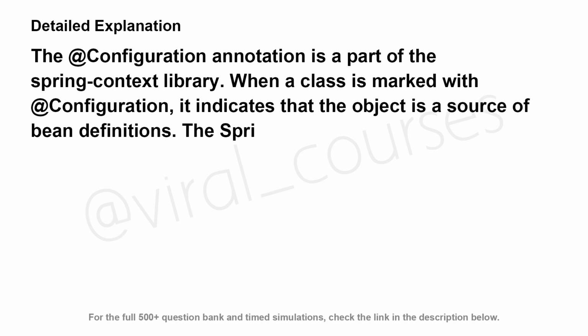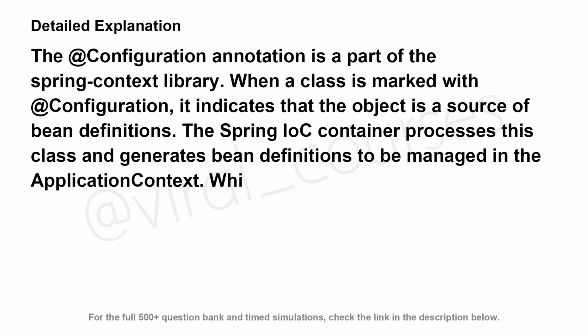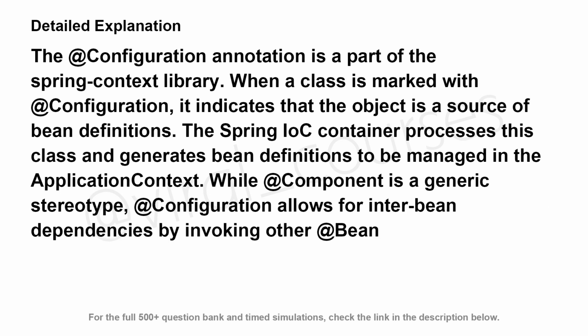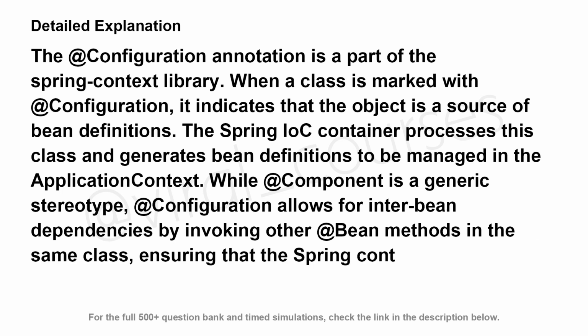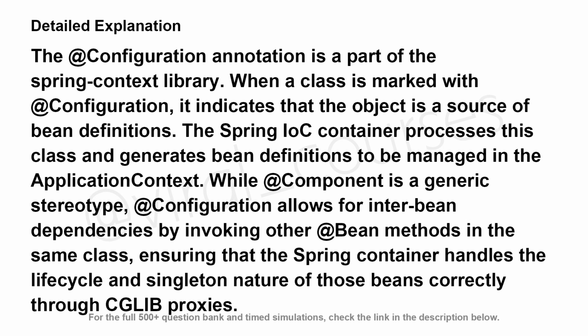The Spring IOC container processes this class and generates bean definitions to be managed in the application context, while @component is a generic stereotype. @configuration allows for inter-bean dependencies by invoking other @bean methods in the same class, ensuring that the Spring container handles the lifecycle and singleton nature of those beans correctly through CGLIB proxies.